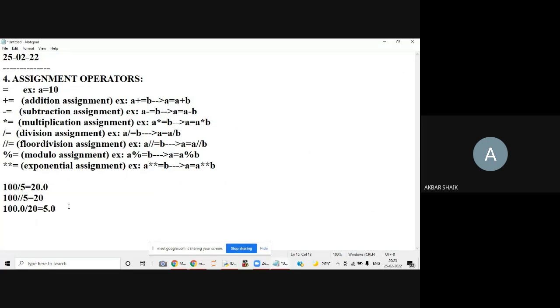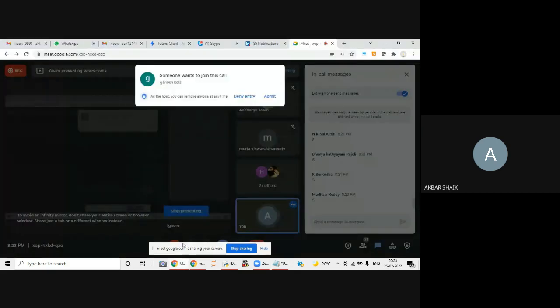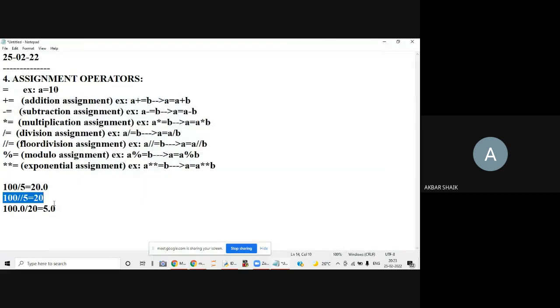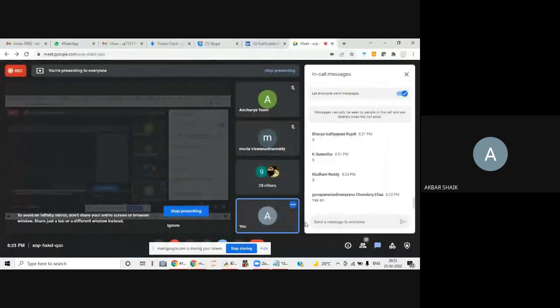Whenever your numerator is a float, obviously the answer is float only. What about the second case? The numerator is not a float, the numerator is an integer. Because the numerator is an integer, obviously we got an integer output. Is it clear to all why we got 5.0? Why not 5? All of you understood this?